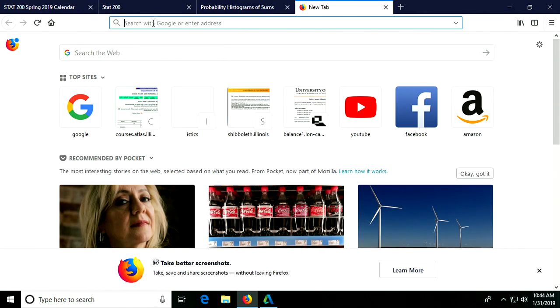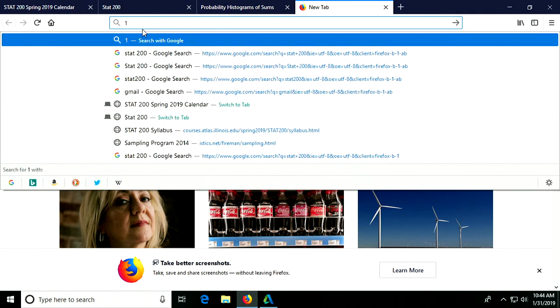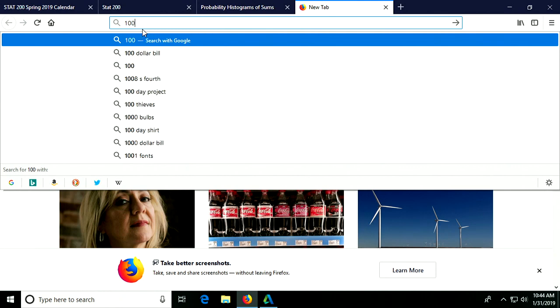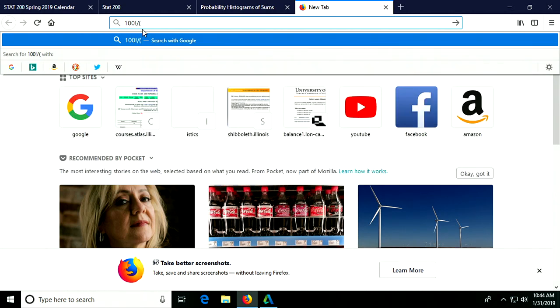Let's see. What if we just put in the number? So we'll say 100 factorial divided by, what are we going to divide it by? 50 factorial times 50 factorial, and then we'll divide that by 2 raised to the 100th.